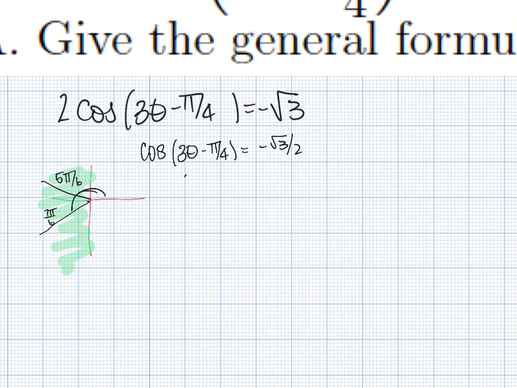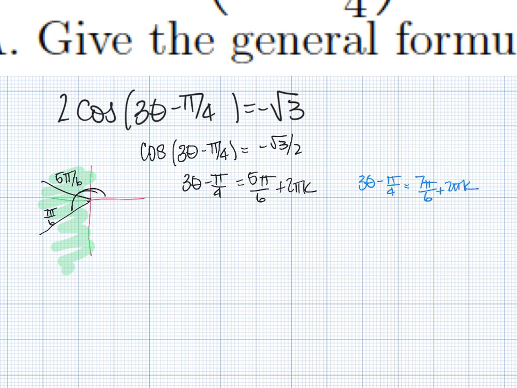So I know that 3 theta minus pi over 4, that thing I'm taking the cosine of, has to equal 5 pi over 6 plus 2 pi k, and it has to equal 7 pi over 6 plus 2 pi k.